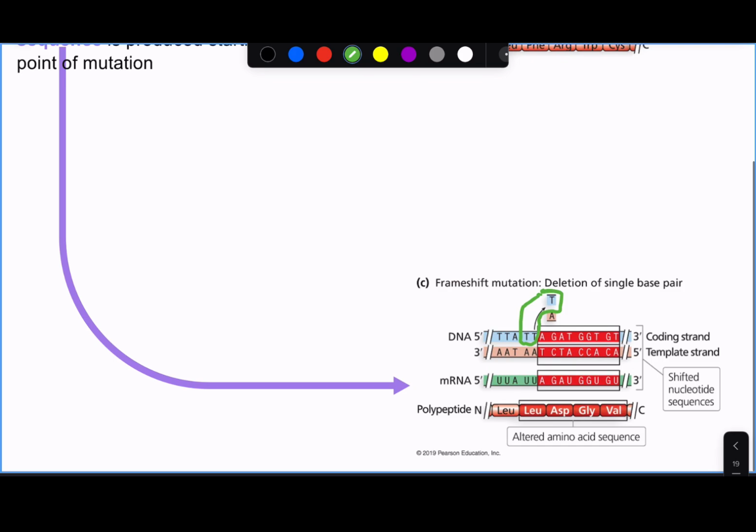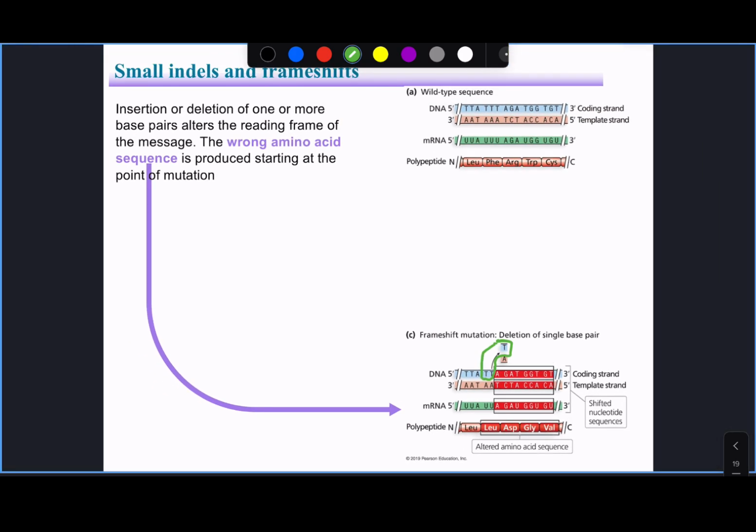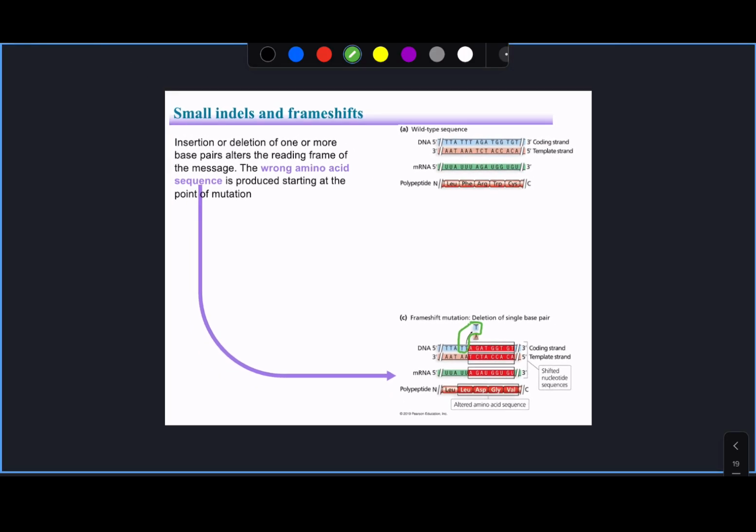Now you're not changing one letter, which may have an effect or not on the amino acid coded by that codon, depending on where that change took place. No. Now you're changing the entire reading frame due to these frame shift mutations, and the results are pretty disastrous because now you have a protein that has a completely different amino acid sequence.